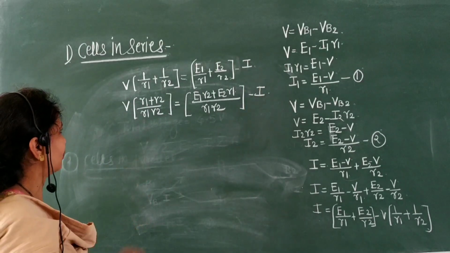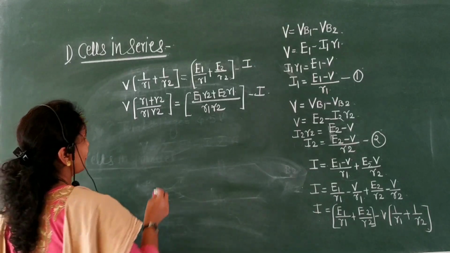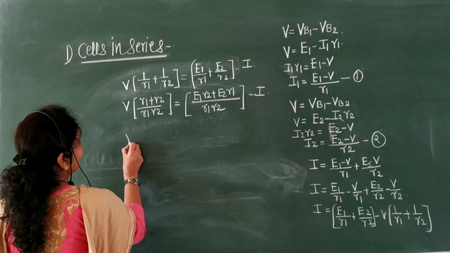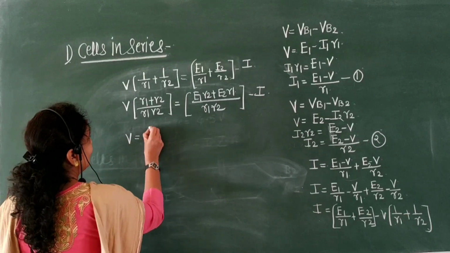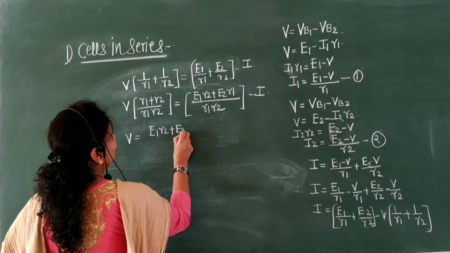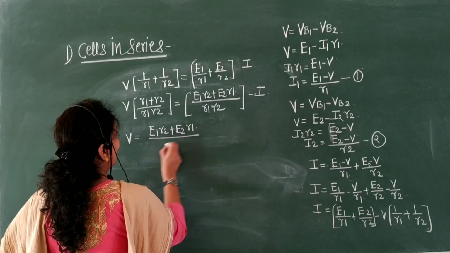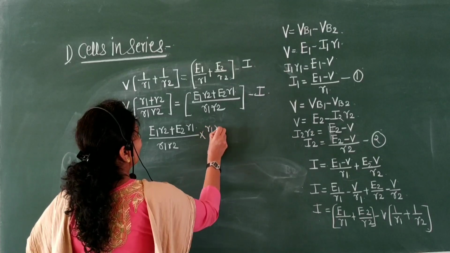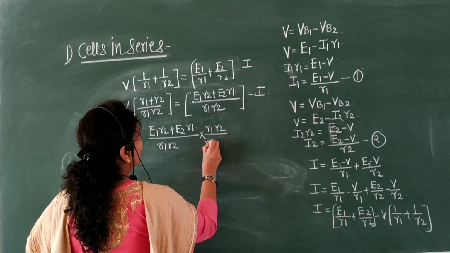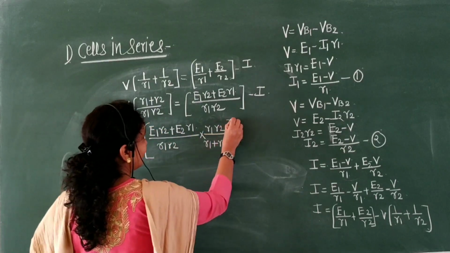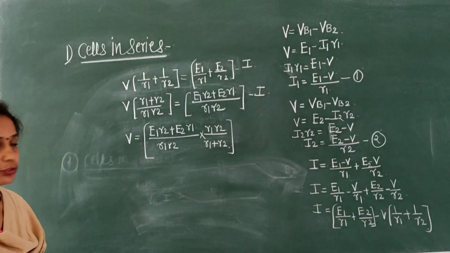Okay, therefore V is equal to E1 R2 plus E2 R1 upon R1 R2 into R1 R2 upon R1 plus R2. Understood?